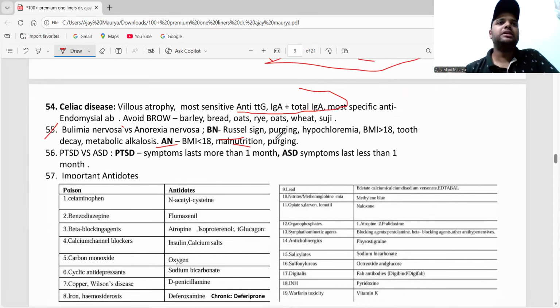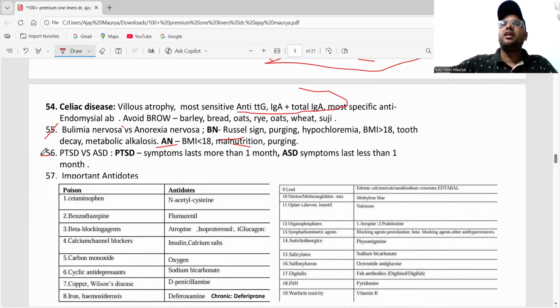Next one, PTSD and ASD. PTSD is post-traumatic stress disorder, and ASD is acute stress disorder. How are you going to differentiate? In the last NEET PG examination, they asked this. They gave a scenario: a girl is coming home with her dad on a bike. Suddenly the bike hits a car and she loses her father, and she is the witness.